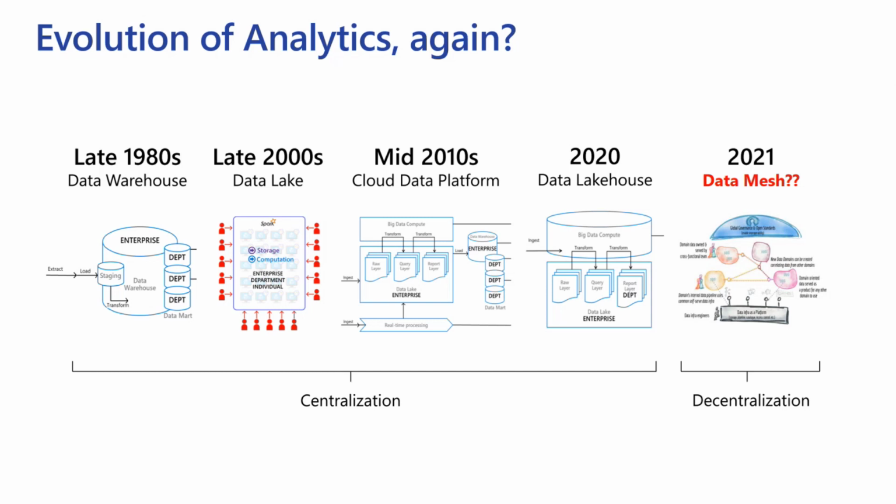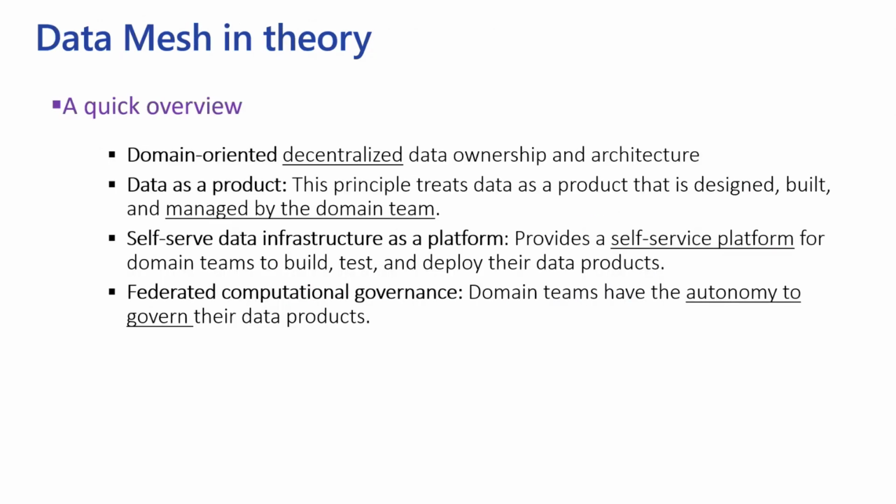But from 2021 we start to hear about data mesh as a different architecture paradigm, and answering new paradigms with old technology sometimes can be challenging. So what does data mesh actually mean? I'm not going to extend myself talking about that. It's beyond, and it's a presentation by itself.